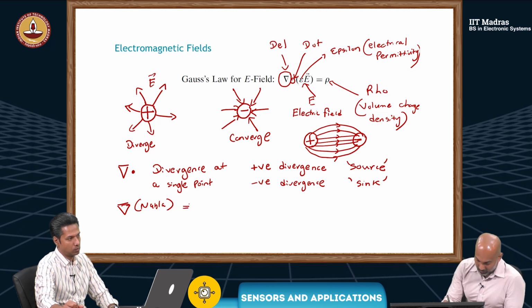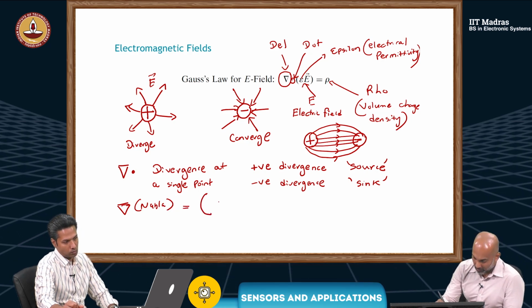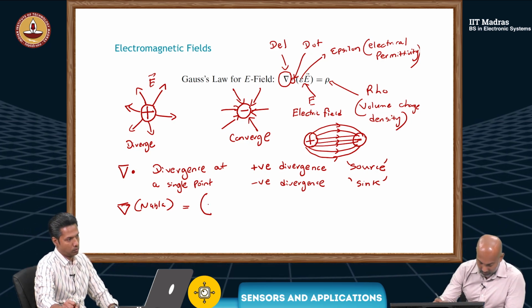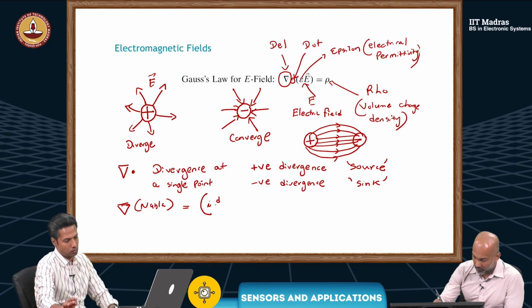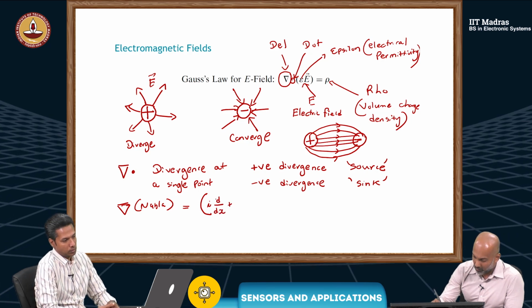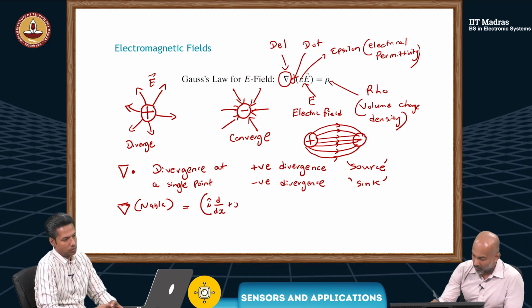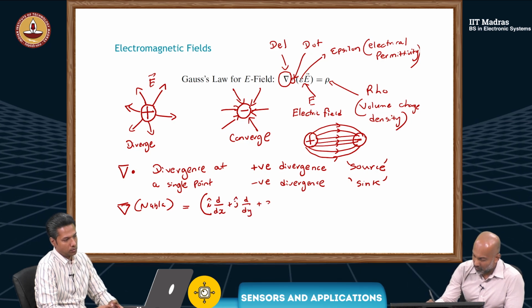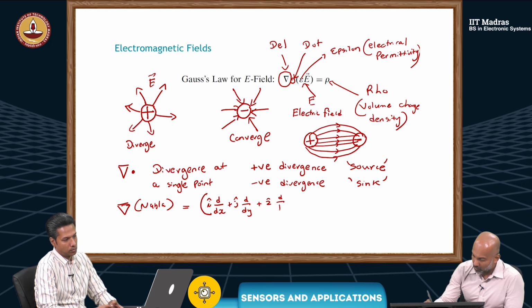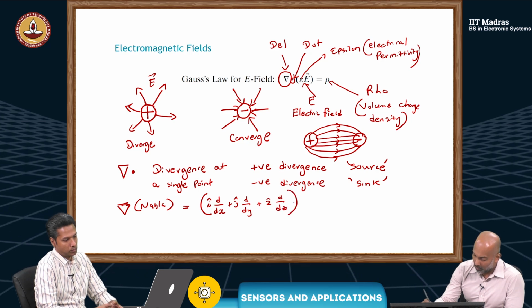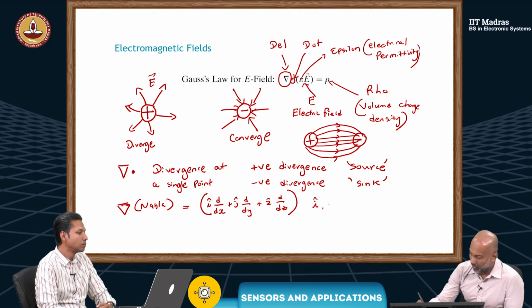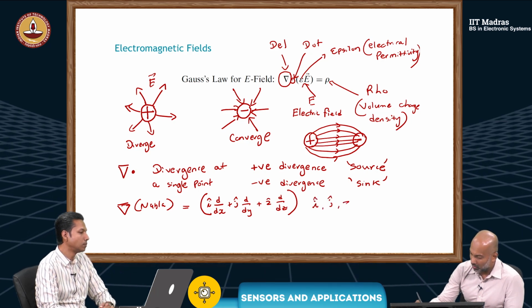Then nabla, what it is, if you just take that operator. Now you see here i, j, and z.